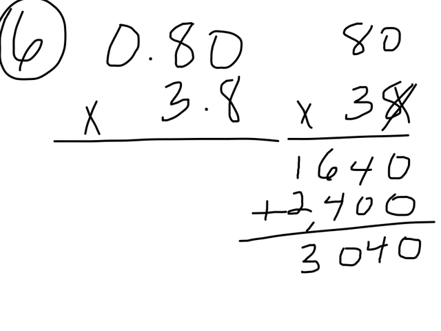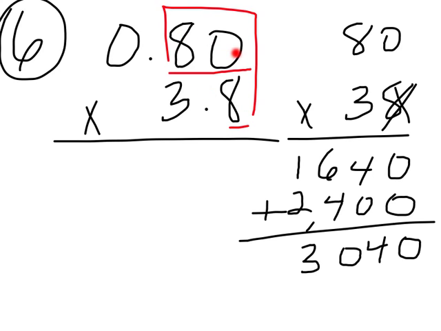But that is not your answer. 3,040 is not your answer. We need to go back and see how many place values did I have in the decimals. So to the right of the 80/100ths decimal point, I have 2 decimal places. And to the right of this decimal point, I have 1. So total, if I count these up, I have 1, 2, 3 digits to the right of the decimal point.